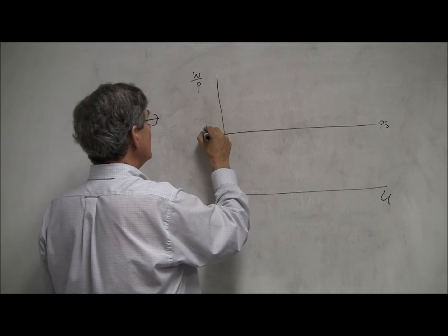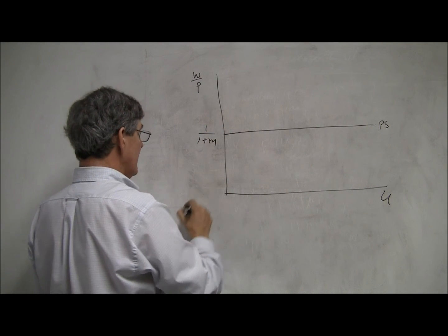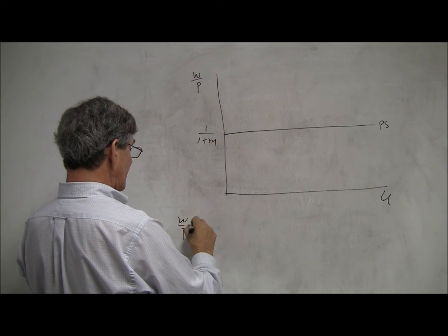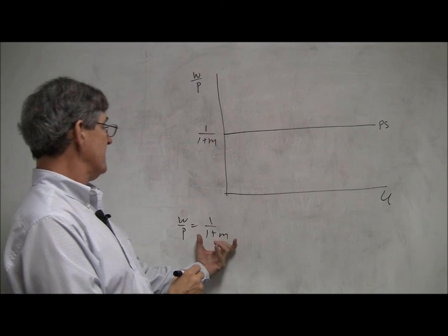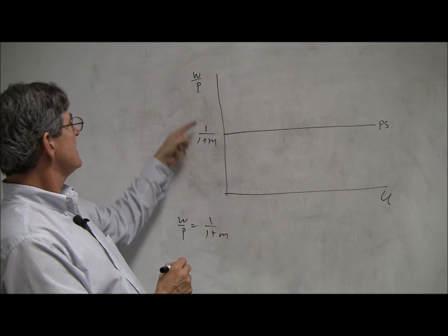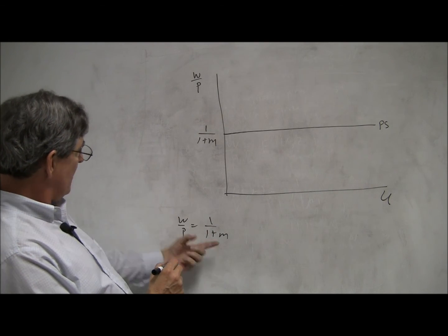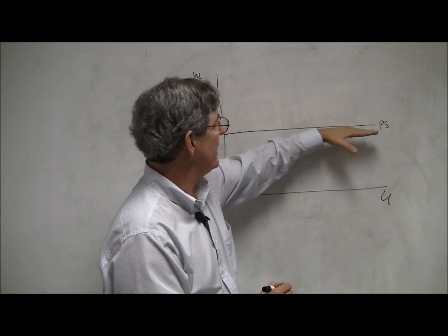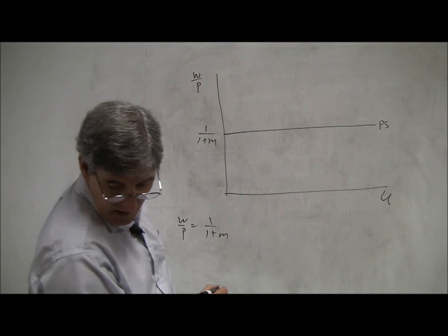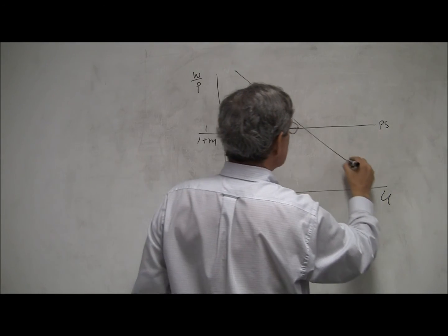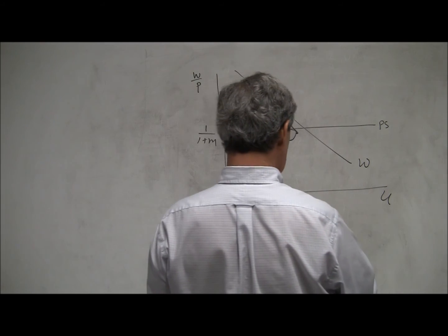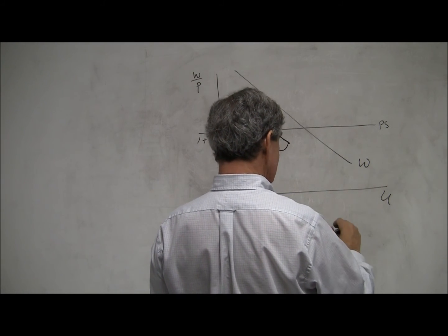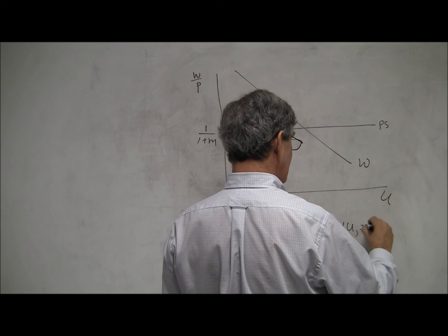This is 1 over 1 plus M, from W over P equals 1 over 1 plus M. This is a horizontal line. It doesn't depend upon U at all. Once I know M, it just gives me a wage. And the other thing is the wage setting equation, WS. The wage setting equation is W over P is F of U and Z.